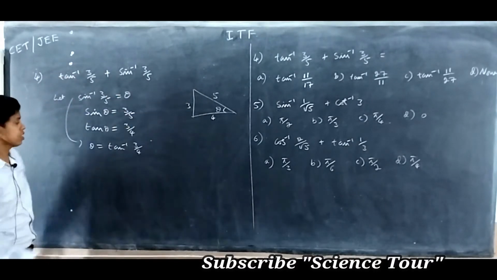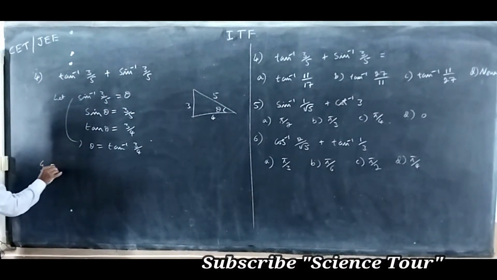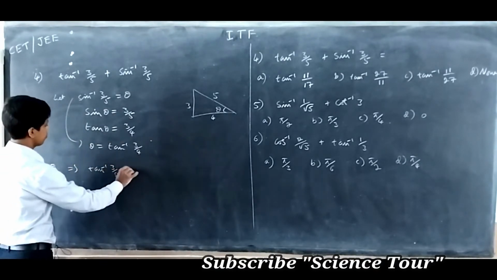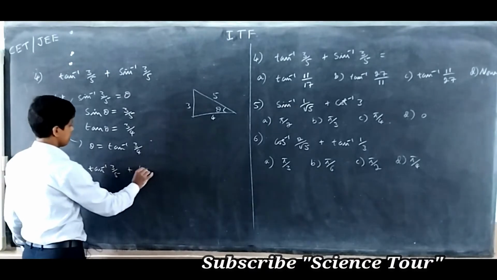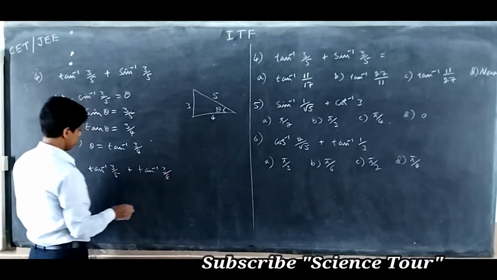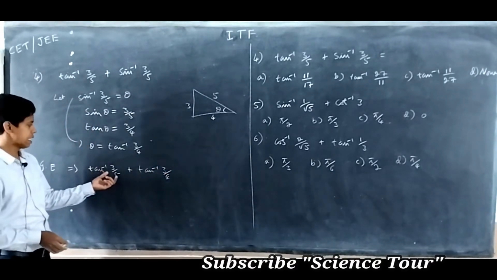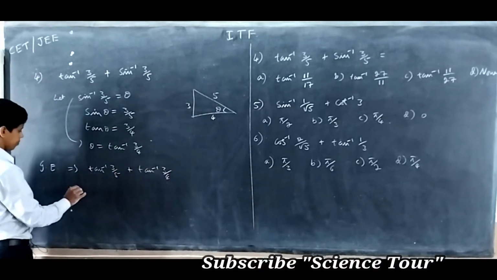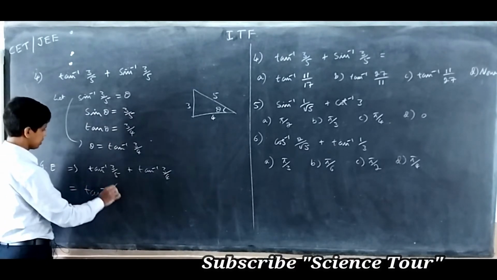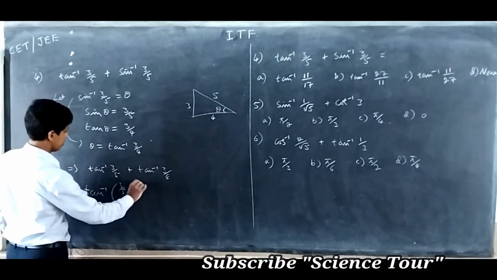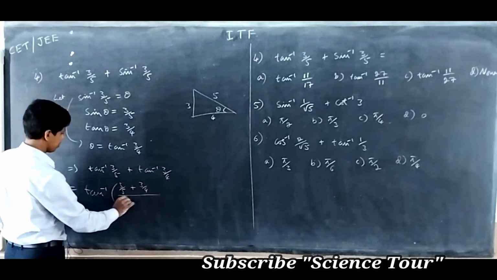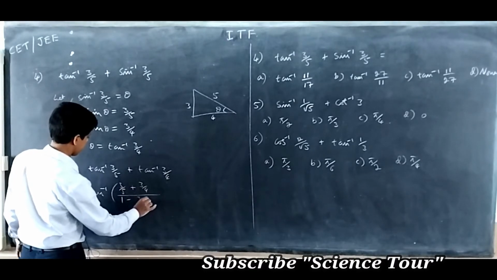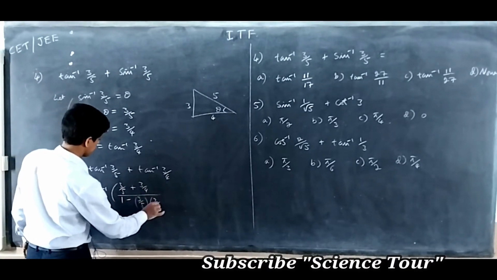So let me go to the given expression. The given expression becomes tan inverse 3 by 5 plus tan inverse 3 by 4. Use the formula tan inverse x plus tan inverse y. When we use that formula, we get tan inverse of 3 by 5 plus 3 by 4 divided by 1 minus xy, that is 3 by 5 into 3 by 4.